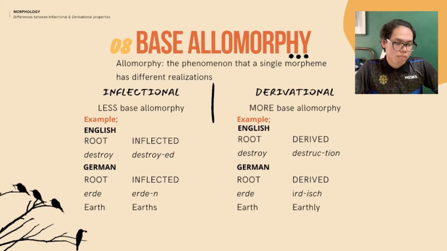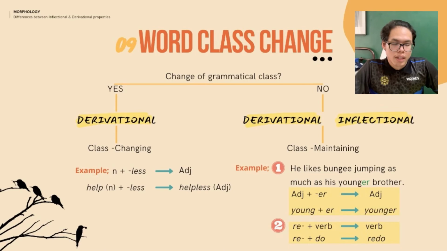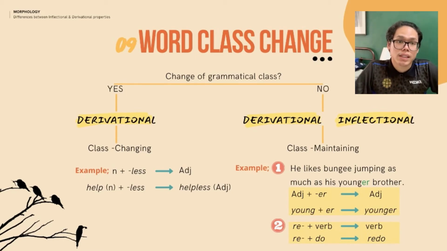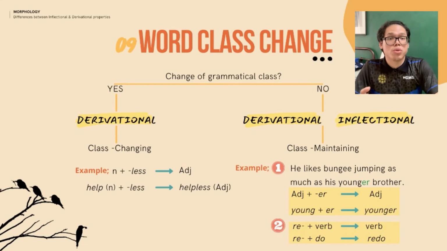Okay, next slide. The next difference is word class change. So what is word class? Word class is basically the word function: adjective, noun, verb, etcetera. What happens when there is a change of grammatical class? When there is a change in grammatical class, usually it is categorized as derivational morphemes, and we call it class changing.